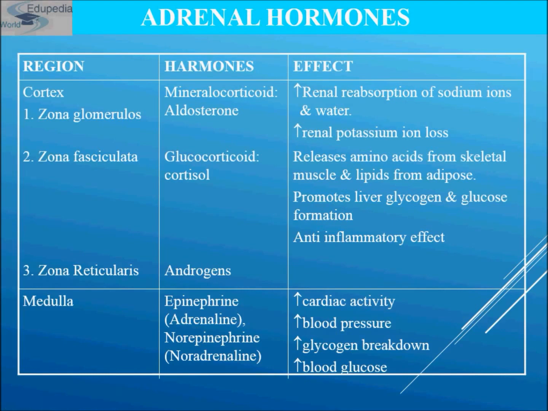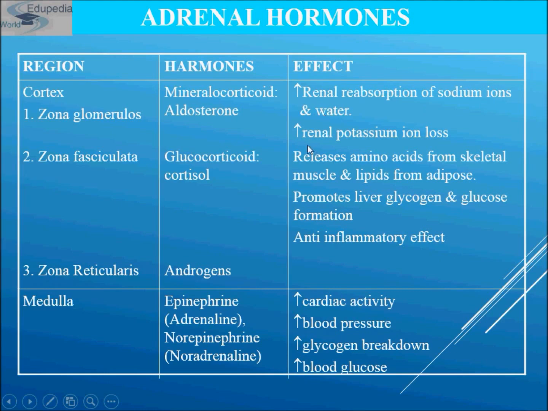Now we'll see a region, its hormones and its effect. First, we'll study about cortex, as cortex has three layers: Zona Glomerulosa, Zona Fasciculata, and Zona Reticularis. Zona Glomerulosa secretes mineralocorticoids, more specifically aldosterone hormone, which increases renal reabsorption of sodium ions and water.